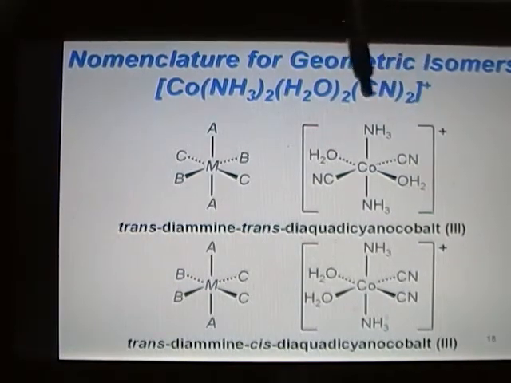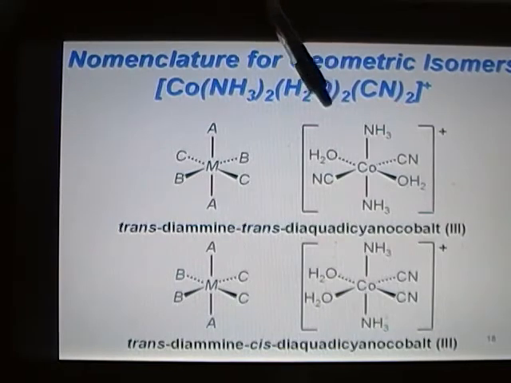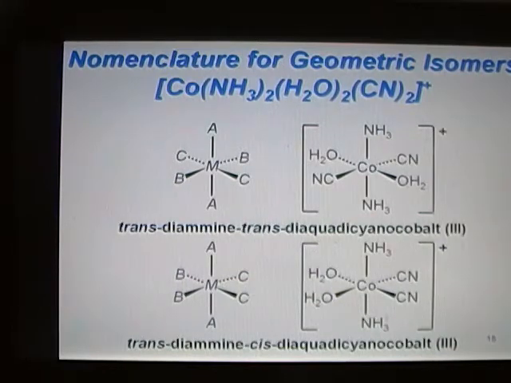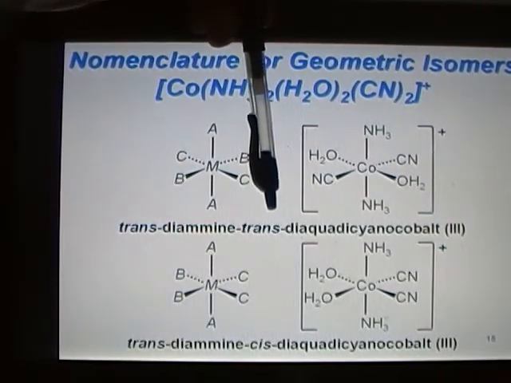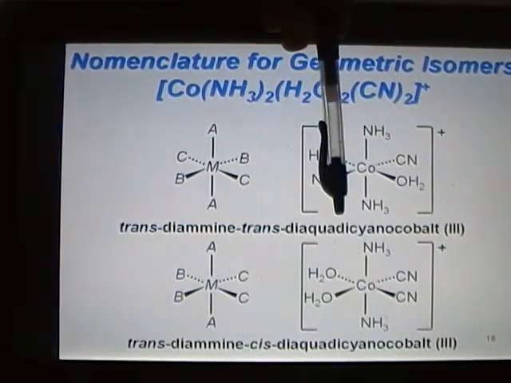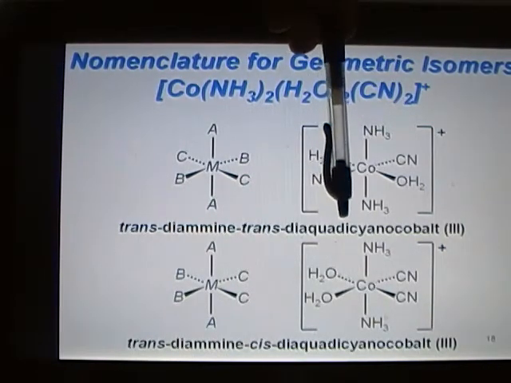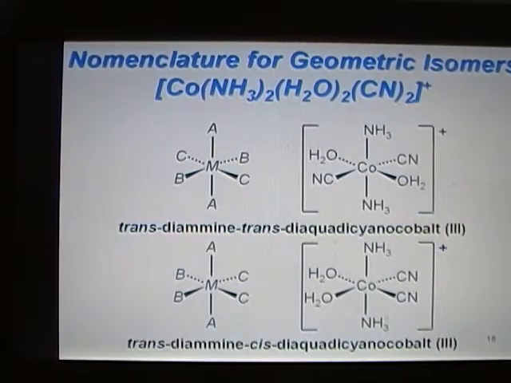The two H2O ligands are 180 degrees from one another, and the two CN ligands are 180 degrees from one another. The name of this compound is trans-diamine, trans-diaqua. You can leave out the trans before the dicyano because by geometry, the cyano ligands are forced to be 180 degrees. So this is dicyano-cobalt-3.